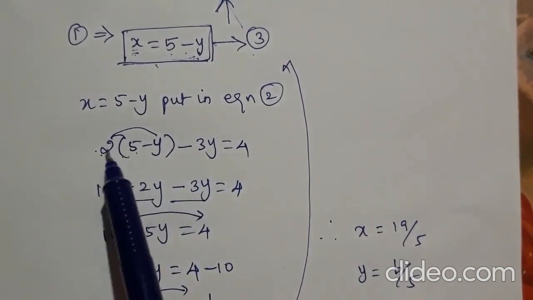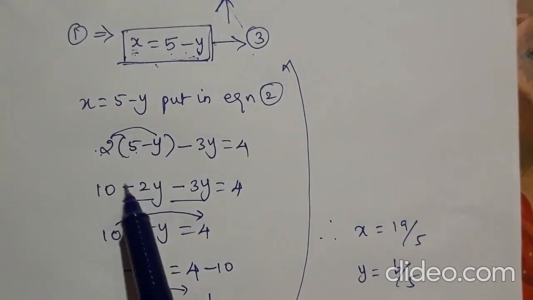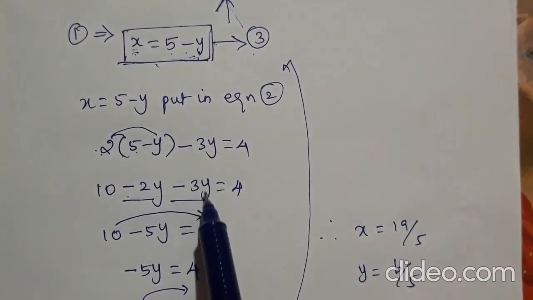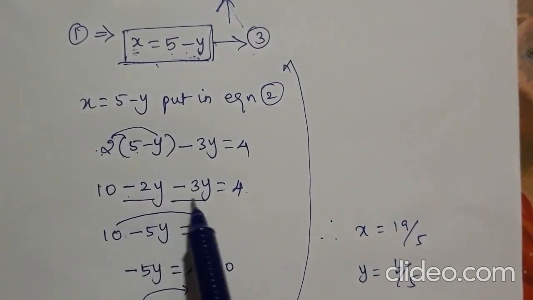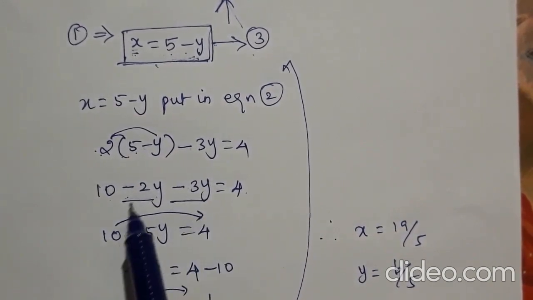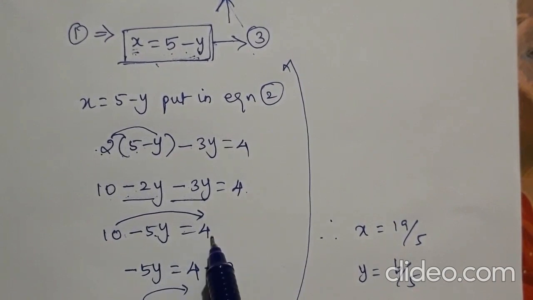Here just multiply 2 into 5, 10, minus into plus, minus 2 into y, 2y minus 3y equal to 4. Next, 10, and the two y terms are like terms with the same sign, so we can add them. Minus 5y is equal to 4.